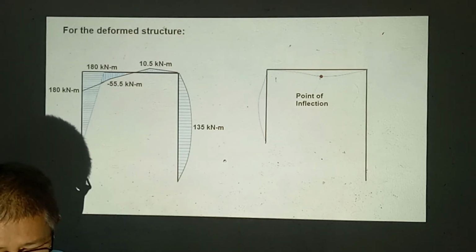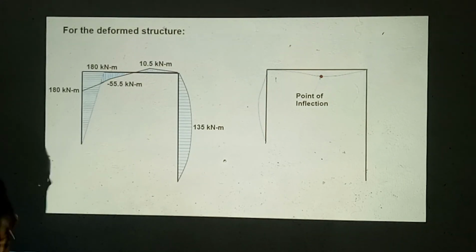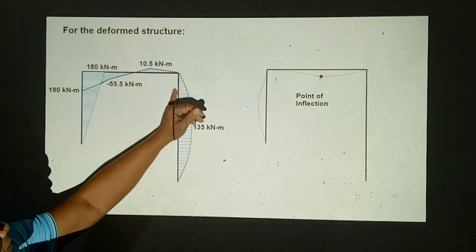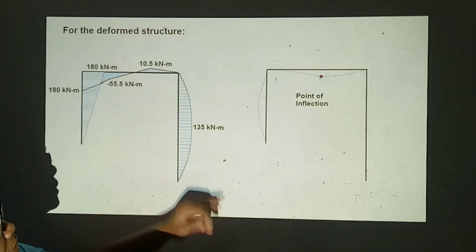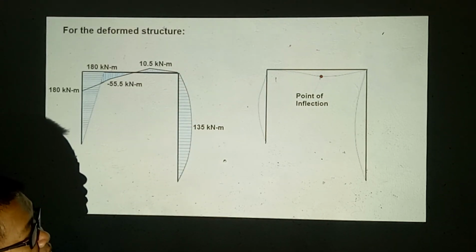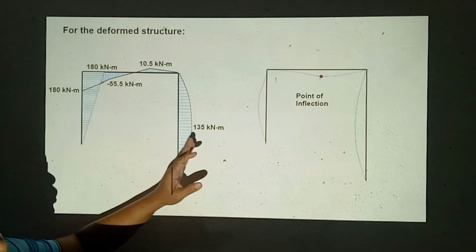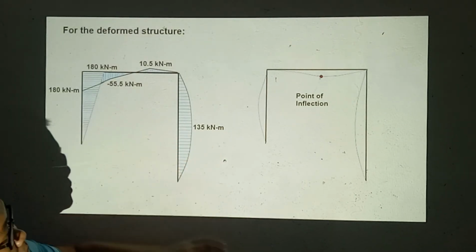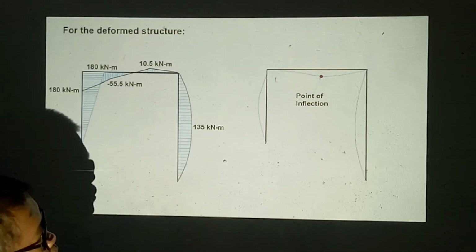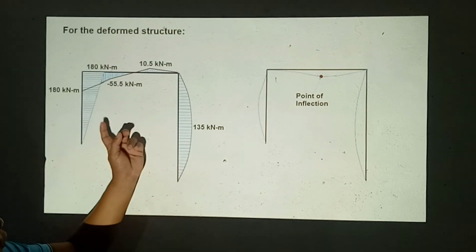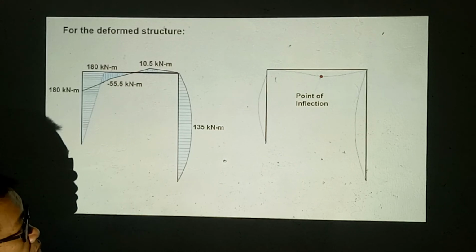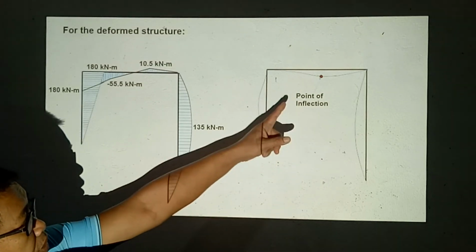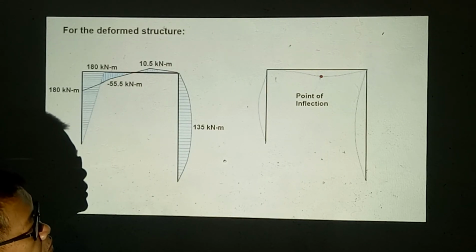And then for the column CD, this one will bend the column to the left, this to the right, and there is no point of inflection for this column. It's also the same with the other column because there is no point where the moment crosses the 0 line. It's only in the beam where we can locate the point of inflection.